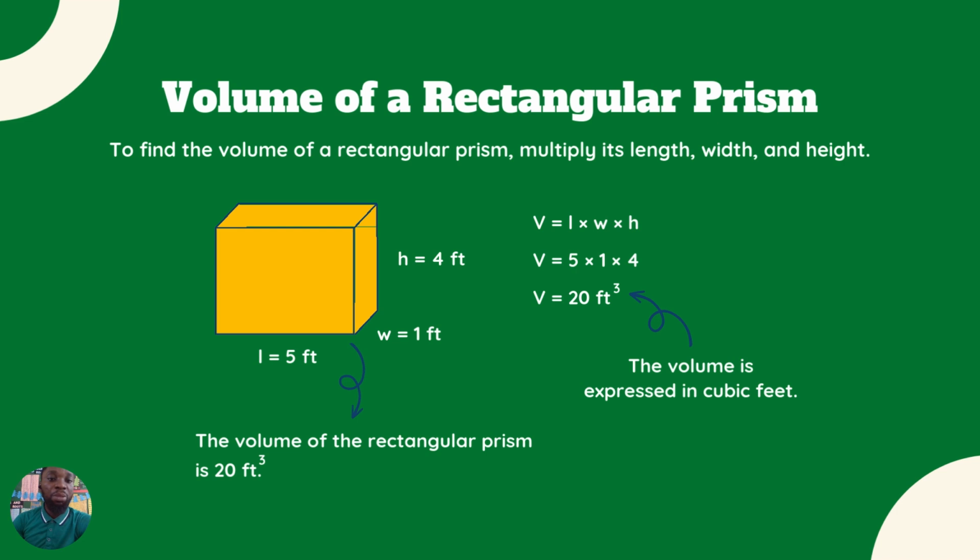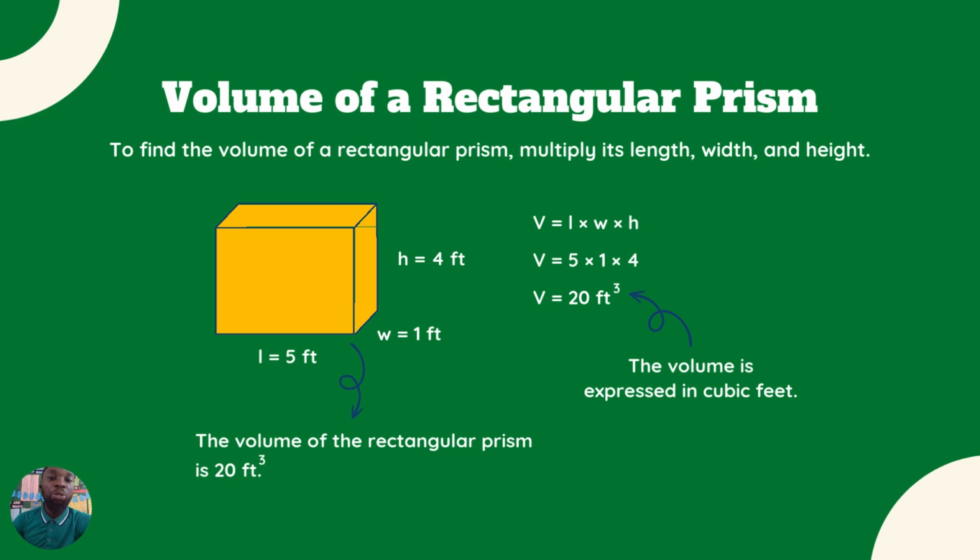another rectangular prism. So this is another shape. Here we have the volume of this particular shape. We have the LWH, that is the length, the width, and the height. So here we are given the height to be 4, the width to be 1, while the length is 5.